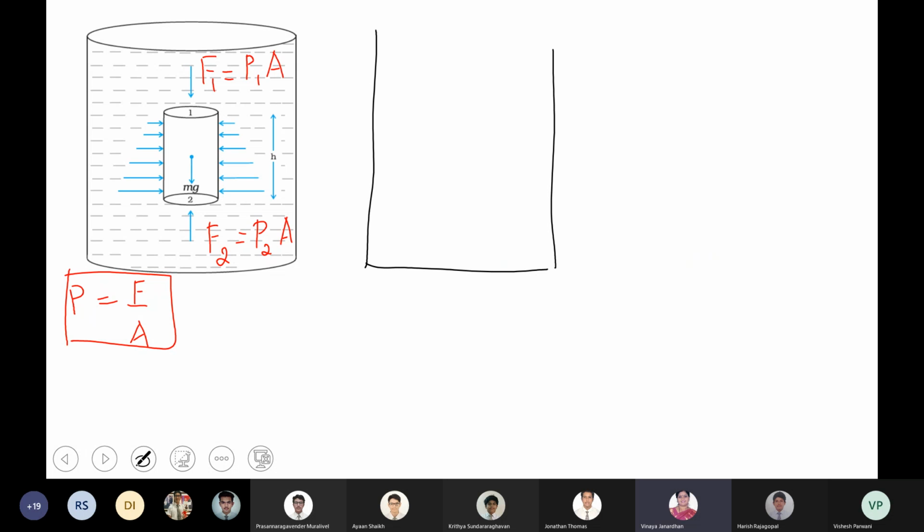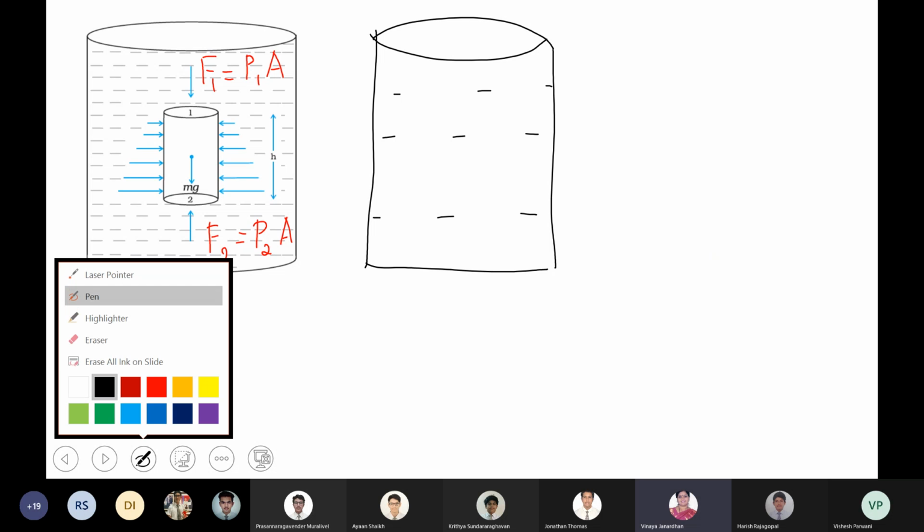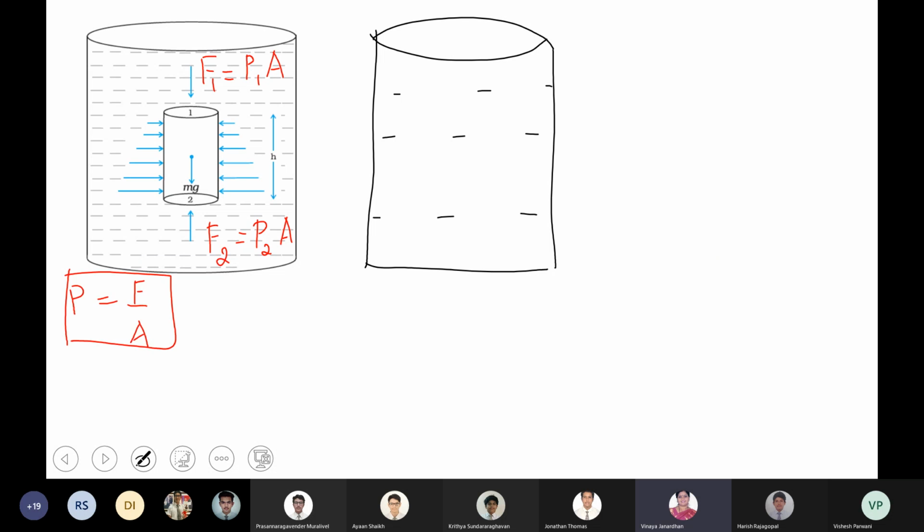Boys, now suppose I have a container which contains a liquid. I want to find the pressure at point P, which is at a depth of h below the surface. You should know what you are finding.